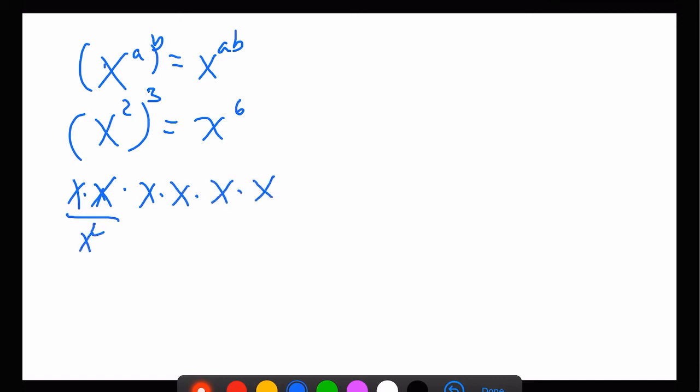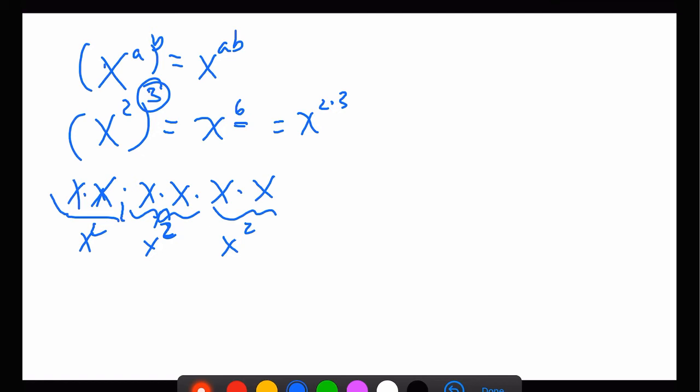I'm not dividing here. Those two are x squared, and those two are x squared. So three x squareds is x to the 6th. x to the 2 times 3. Okay?